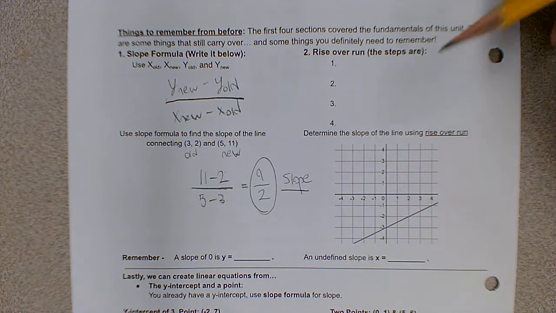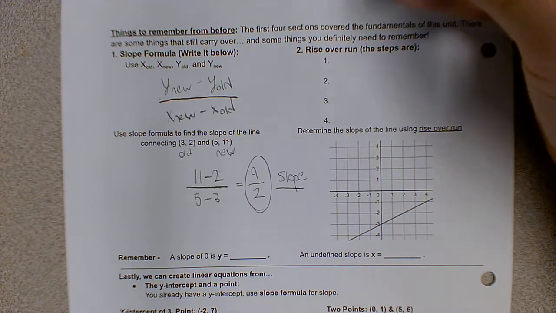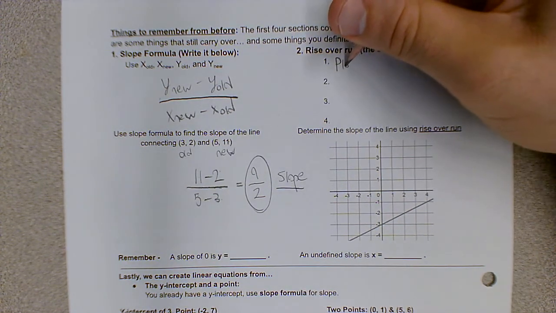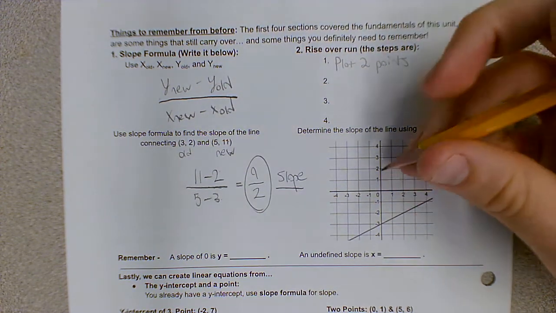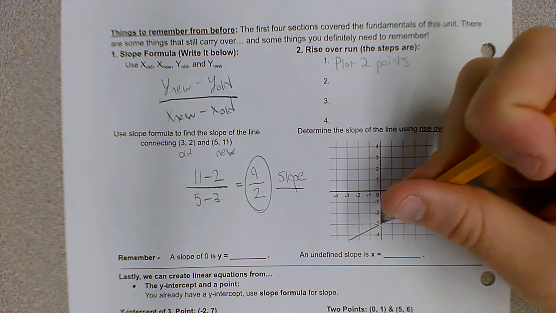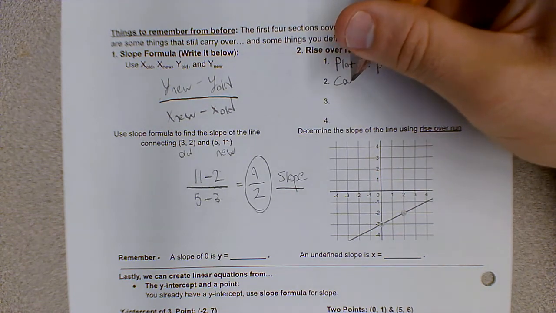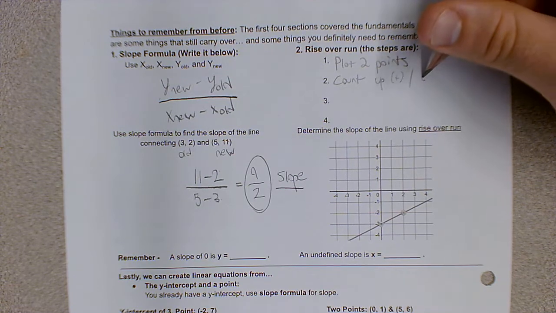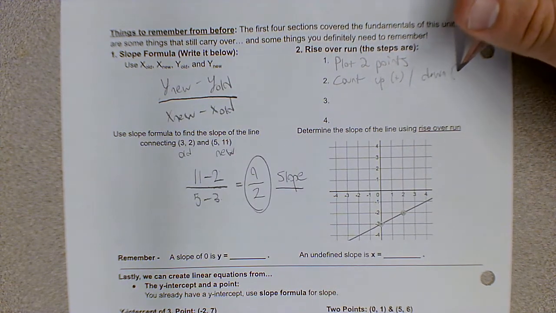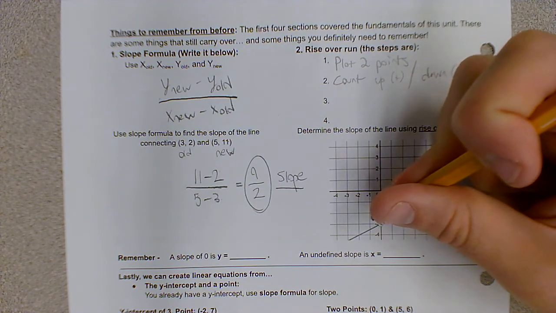Okay, so with that established, I can also do rise over run. There's 4 steps. First, I plot 2 points. Okay, so here I'm going to go ahead and plot 2 points. I want to make sure they're on the crosshairs of my grid. Then I want to count up for a positive slope or down for a negative slope. So I'm going to count up. I count up by 1.